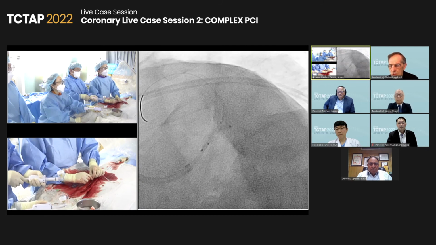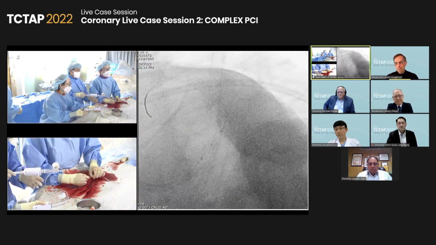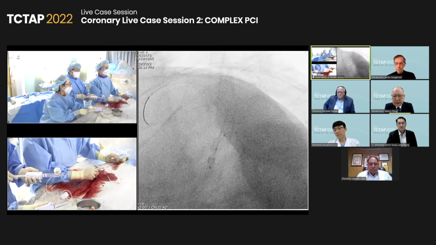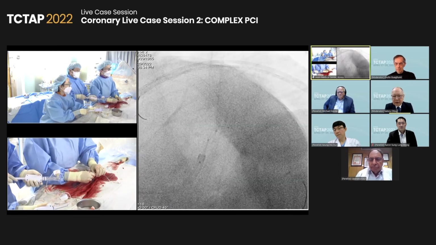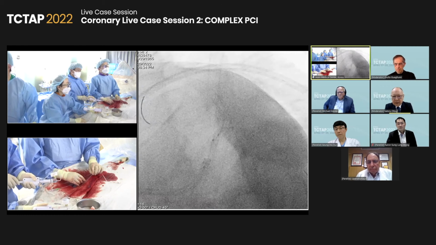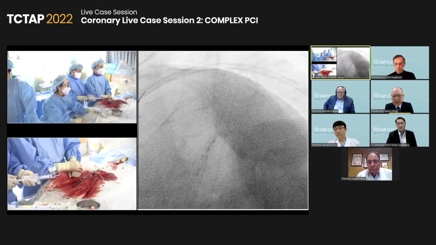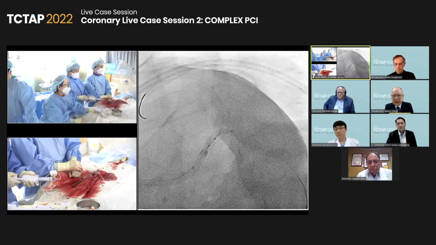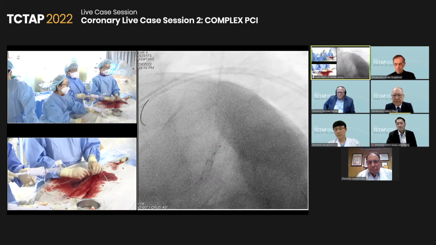So Satoru, any comment? I think the imaging is very important, because already the stent started to cover the ostium.